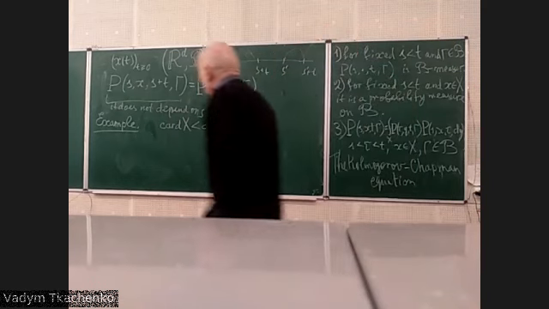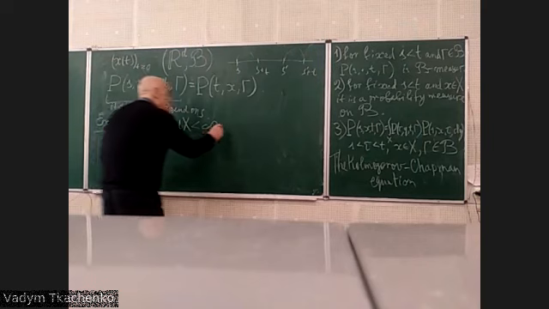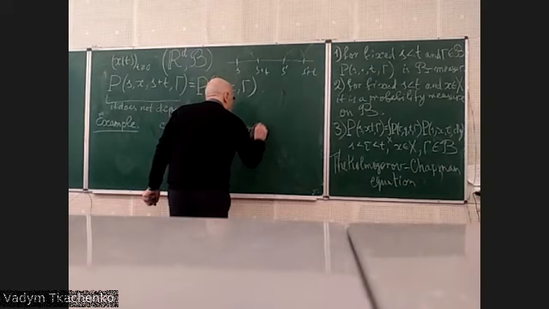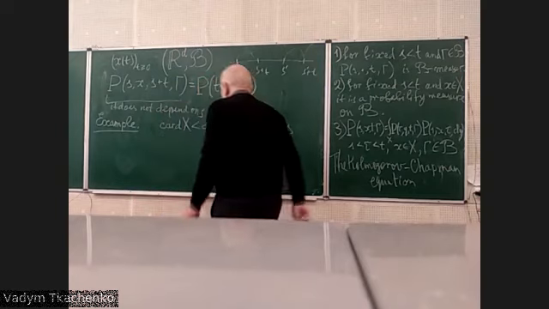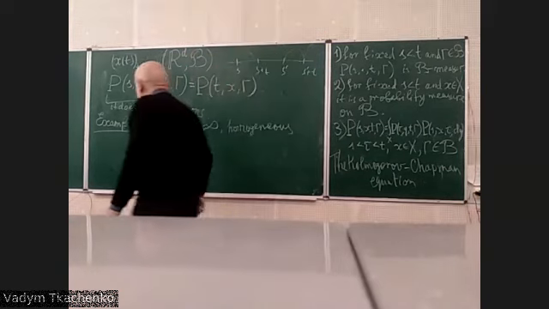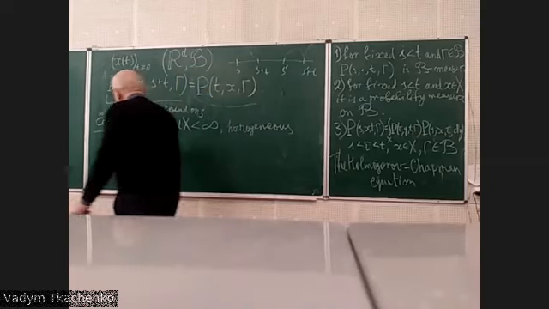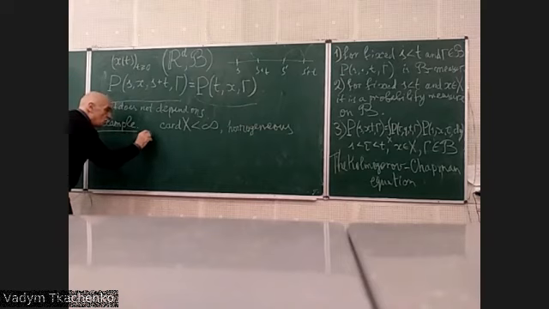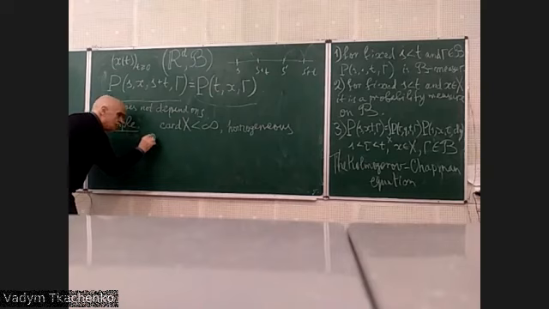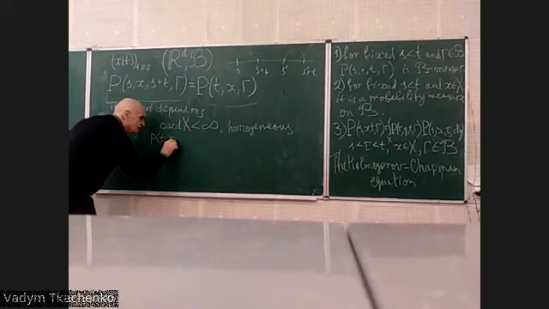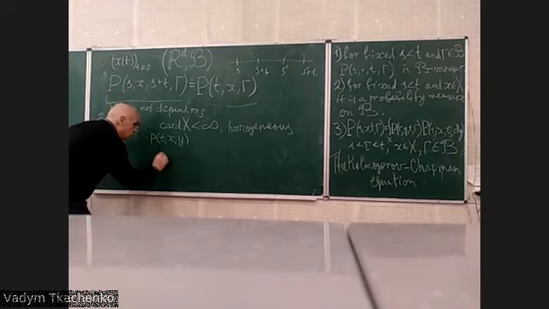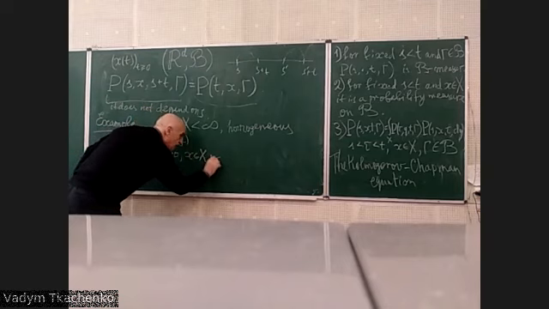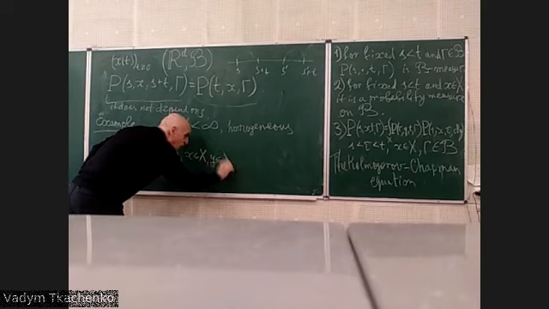And I will consider it homogeneous. The process is determined by transition probability, and I would like to write down P(t, x, y), from x to y.